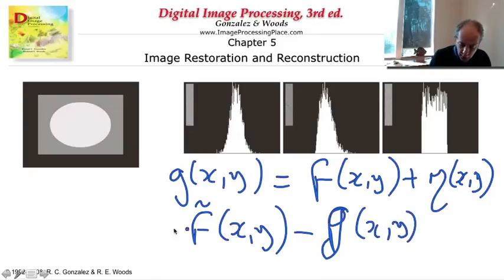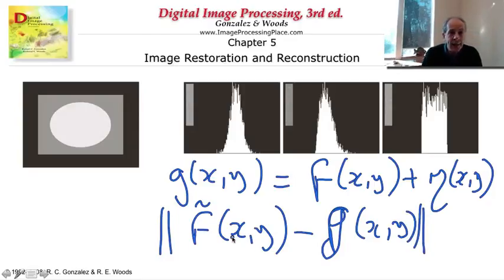So for a Gaussian noise, the error between these two has to behave as Gaussian noise. Okay? So this is my estimate, my denoised image. This is my noisy image, what I observe. This should be as close as possible to the original image. Let's assume it's identical to the original image.